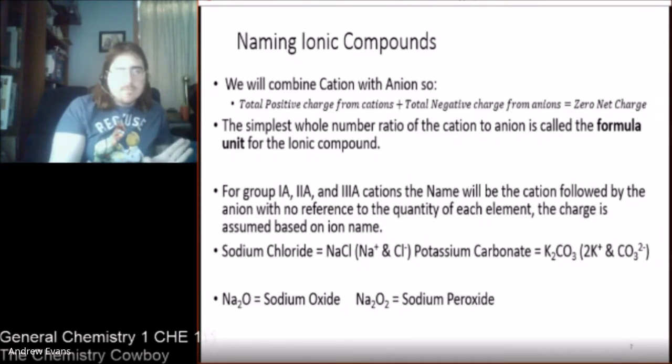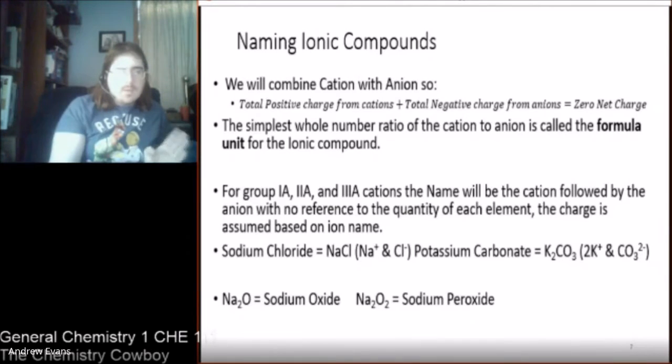And so we can't really define this as one compound that ends at any one point, but we can look at a repeating structure. And that repeating structure has 1 Na for 1 Cl.